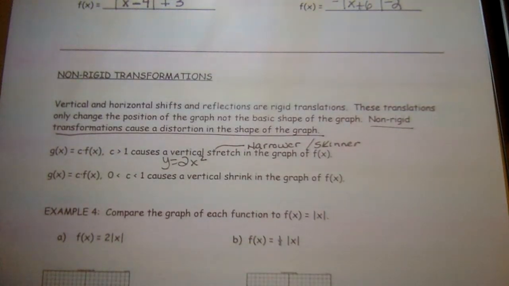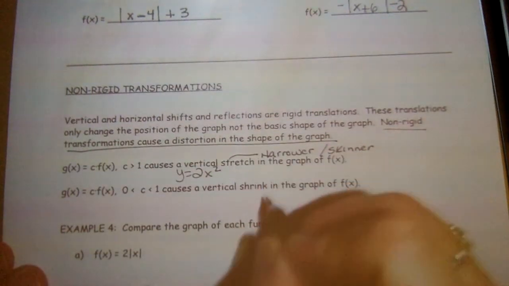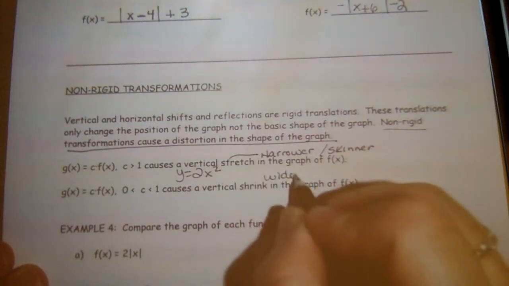If I had a balloon and I did a vertical stretch, stretching it which direction? Vertical is up and down. So if you take the top and the bottom of that balloon and pull on it, what happens to the shape of the balloon? It gets skinnier, doesn't it? And if we do a vertical shrink, so I take that same balloon and I press down from the top and up from the bottom, what happens to that balloon? It gets wider, or fatter.